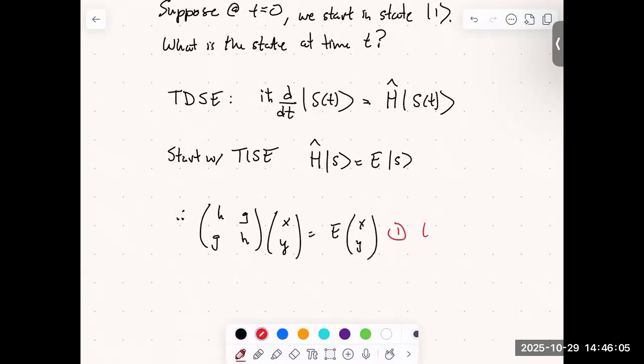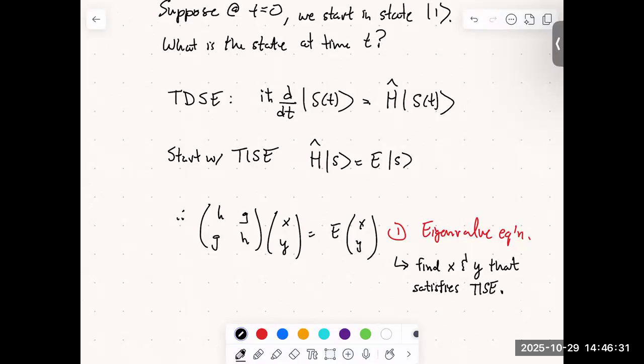This is our eigenvalue equation, our eigenequation, if you like. So the goal is to find x and y that satisfies the time-independent Schrodinger equation.